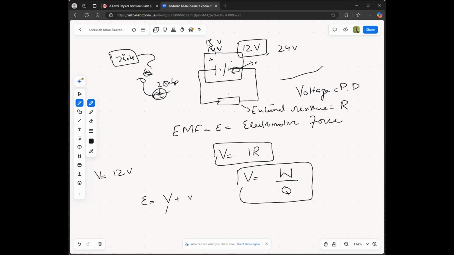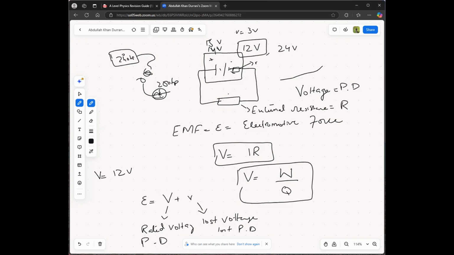So this one is the rated voltage or potential difference, and this one is the lost voltage or lost potential difference. So if it makes 15 volts, obviously 12 volts is coming out, then the lost voltage would be equal to 3 volts.